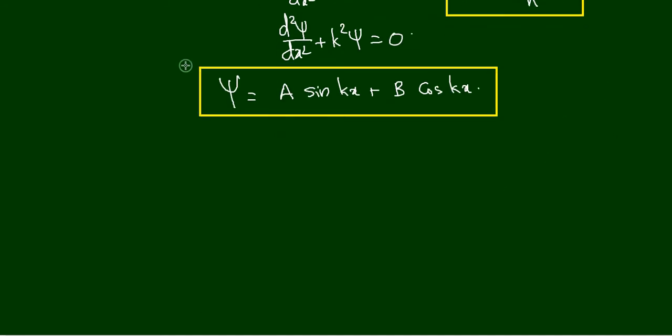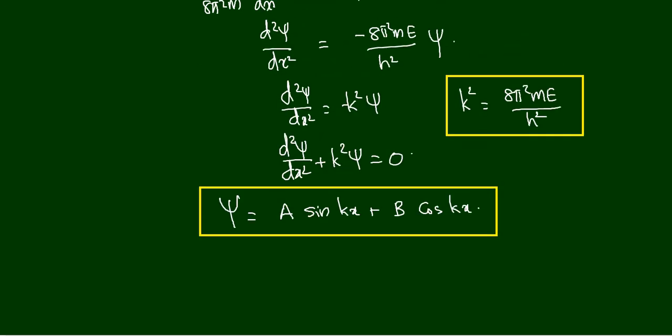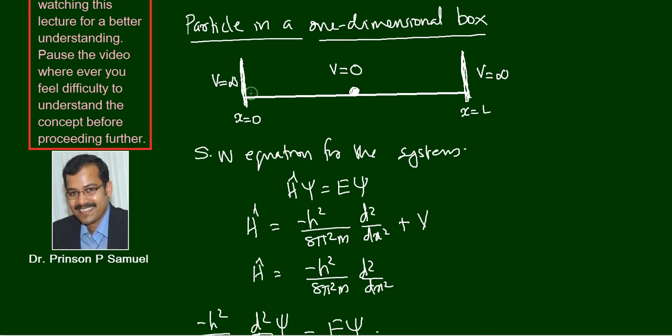Now what I am going to do is assume some boundary conditions, because I want to get the values of a and b. So let me assume that the particle is at the first boundary, which means the particle is just meeting this first boundary.